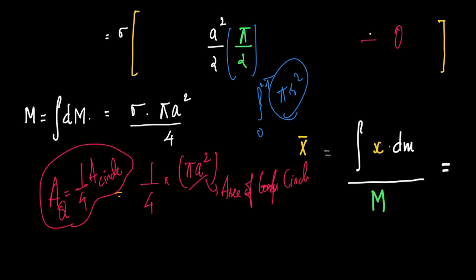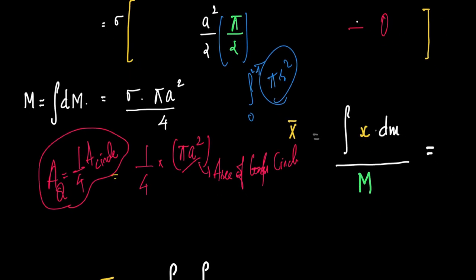Okay, anyway, now coming back to the question. So we have x bar is equal to double integral x dm by double integral dm, and double integral dm is what we have evaluated as m, which is equal to, now I can replace this, sigma into pi a square divided by 4.